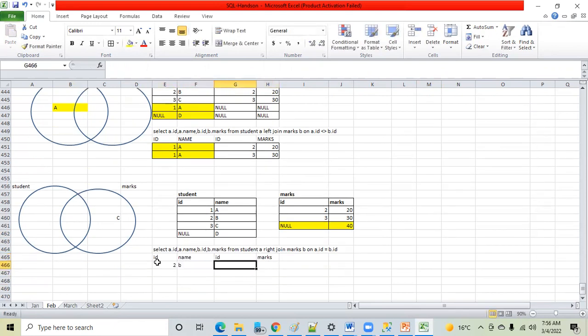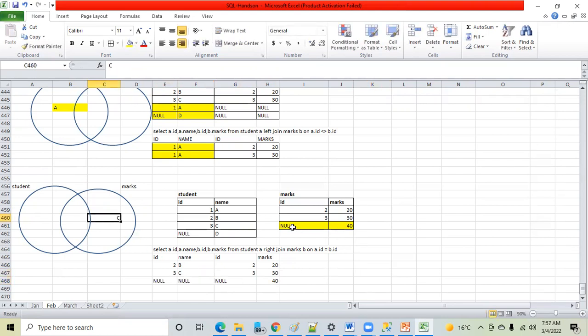So 2B, 220. And then we have 3C, 330. Correct? Now you have mentioned right join. So what else will you get here? Null 40 will be here. And this will be null and null.